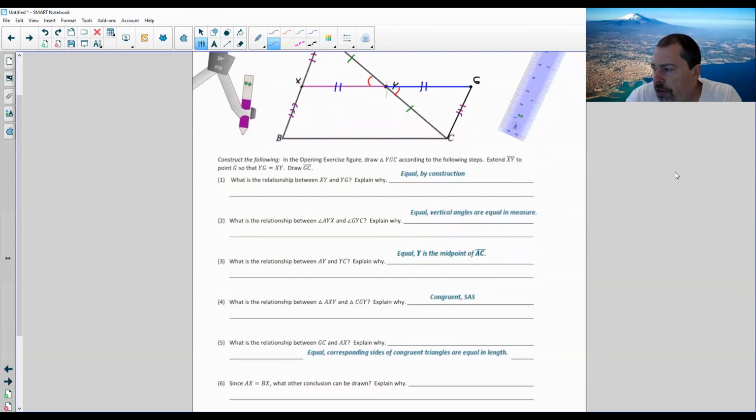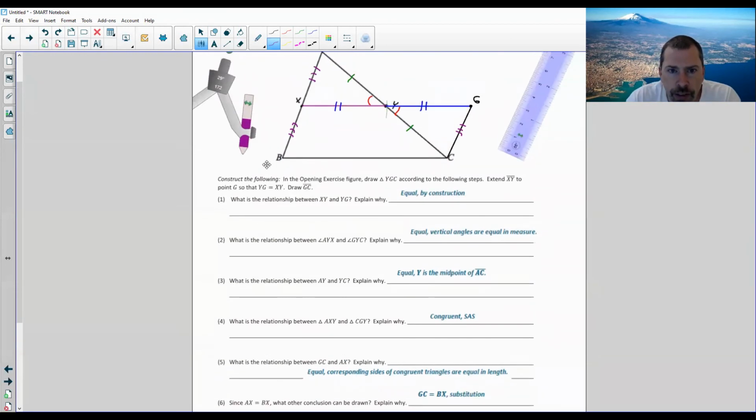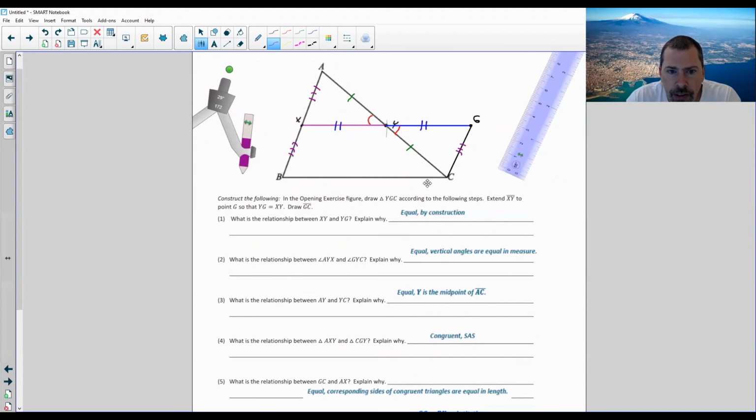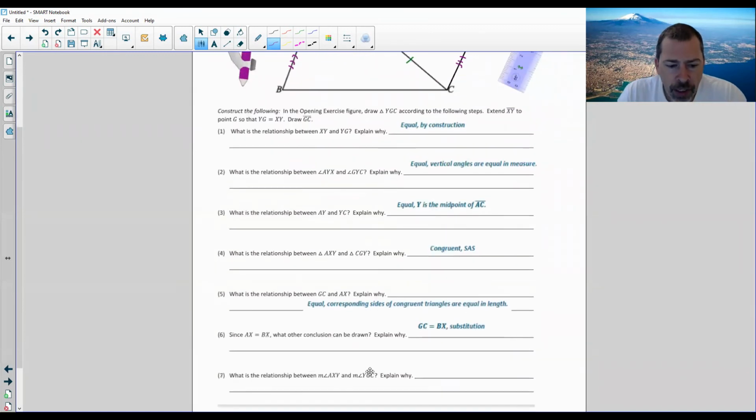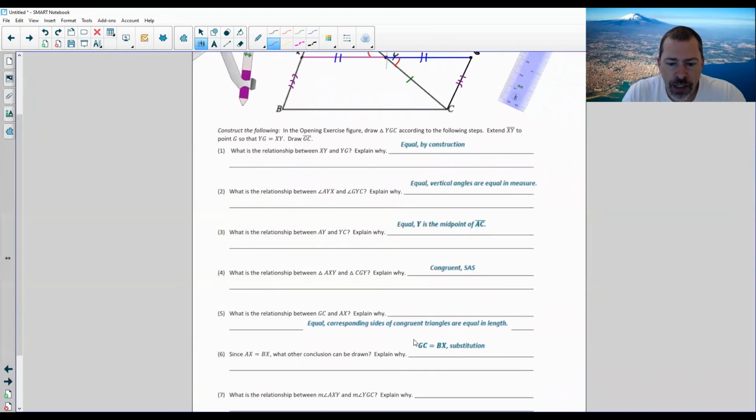All right, so what's this say? Okay, so we're saying that GC is equal to BX, because if GC is equal to AX and AX is equal to BX, then GC is equal to BX by, they say substitution, but we could also use the transitive property. And number 7, what is the relationship between the measures of angles AXY and YGC?